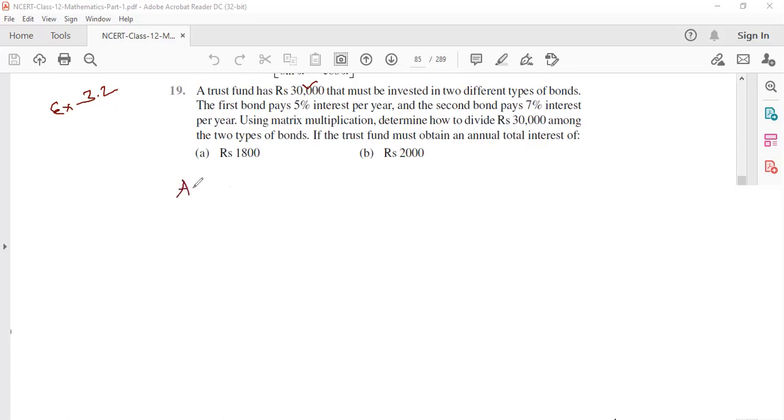So let the amount invested in the first type of bond be rupees X. Then the amount invested in the second type of bond will be: out of 30,000, X is invested.